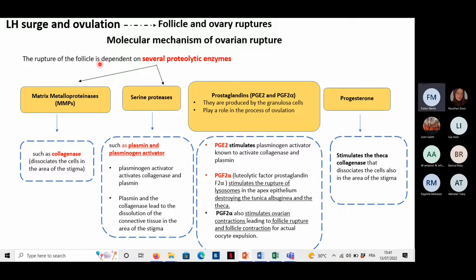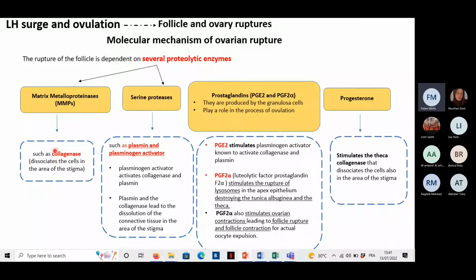The rupture of the follicle is dependent on several proteolytic enzymes like the MMPs, or matrix metalloproteinases. In fact, those enzymes degrade the matrix. This is a family of proteolytic enzymes containing the collagenase.